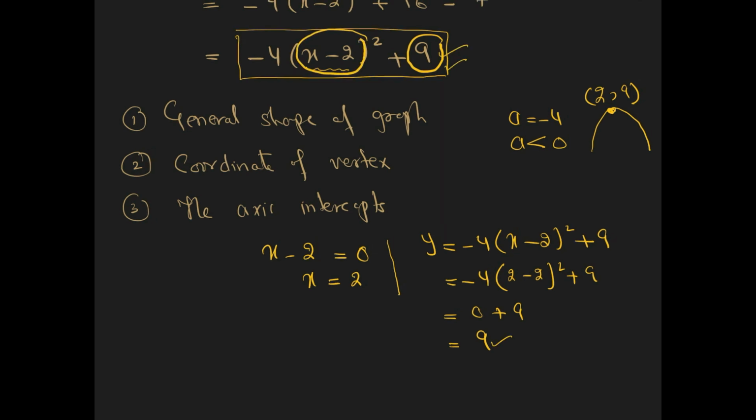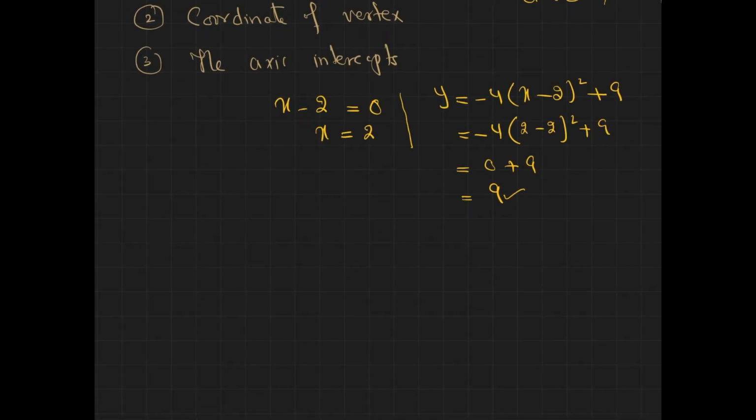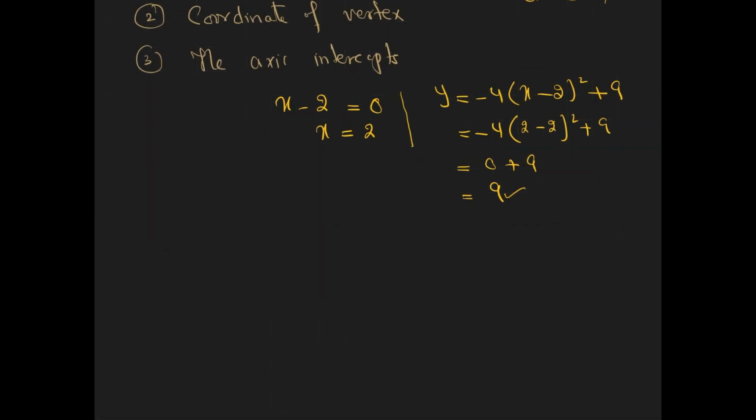Now, after getting the general shape of the graph and the coordinates of the vertex, the last quantity required in order to sketch the graph of a quadratic function is the x and y intercepts. To get them, let us again look at the completed square form of the quadratic function, which was minus 4 (x minus 2) whole squared plus 9 equals y.